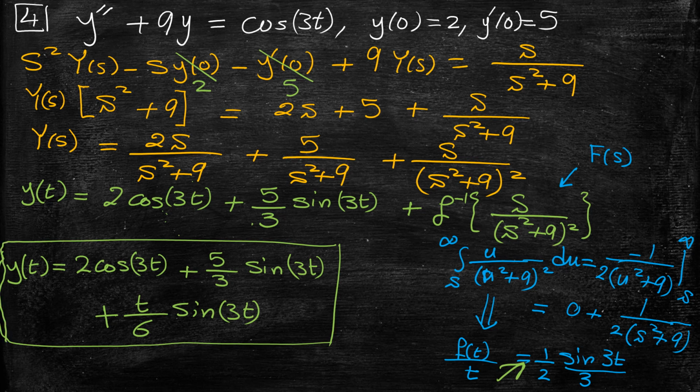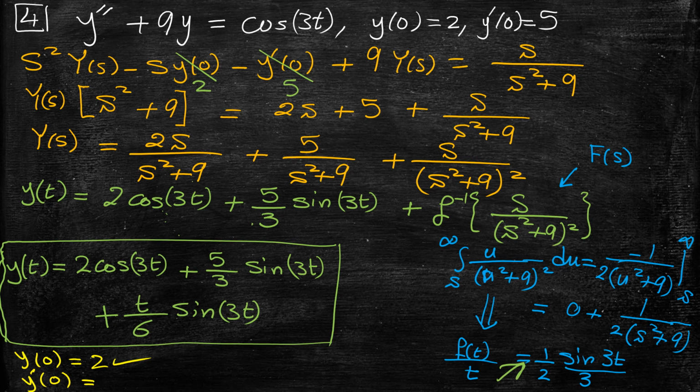Simple check as previously discussed, y of 0. At t equal to 0, both sine terms will be zeros. It will end up with the cosine term equal to 2, so that's correct. The other thing is y dash at t equal to 0. The cosine will become sine, so this will be 0.